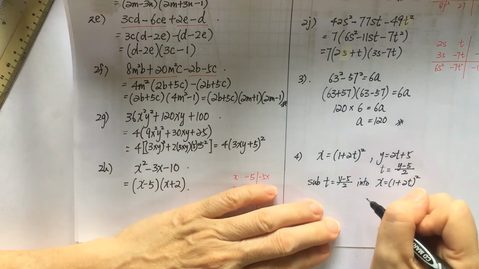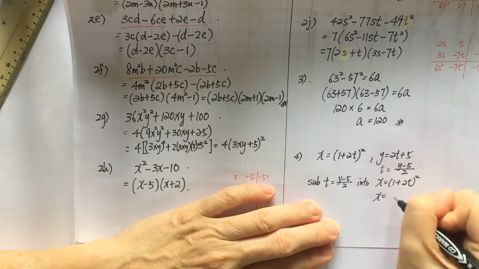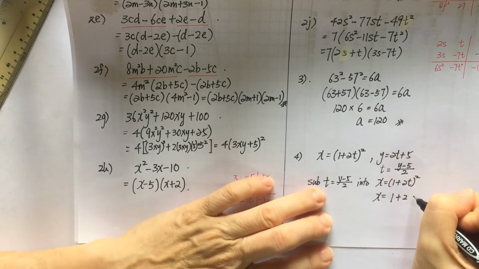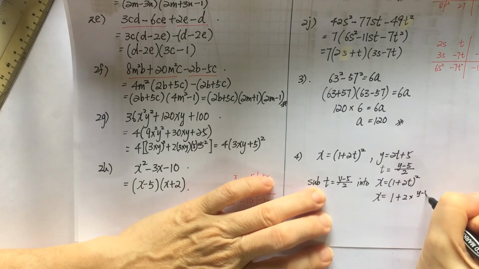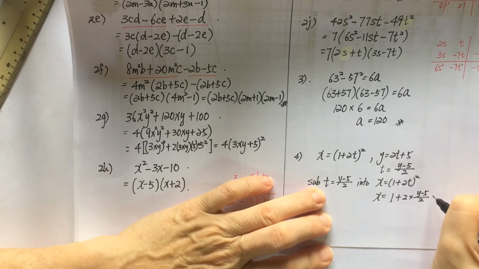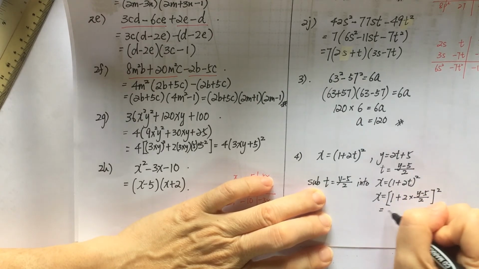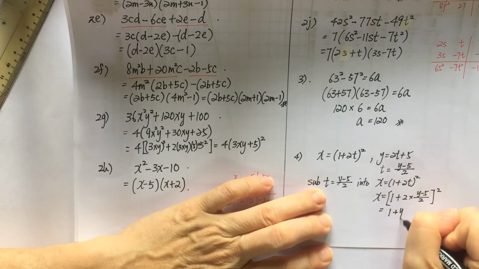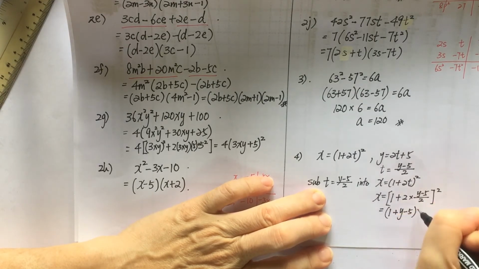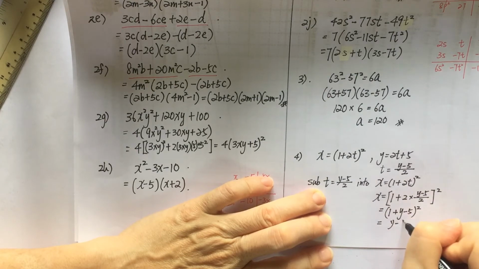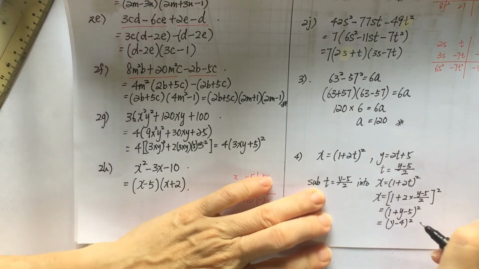So I will now have x equals 1 plus 2 times t. T will be y minus 5 over 2. Okay, and then the whole thing squared. So I actually have 1 plus y minus 5 squared, which is y minus 4 squared.